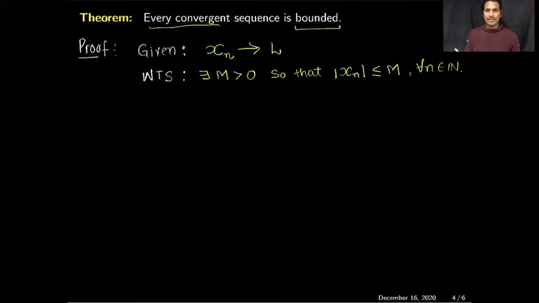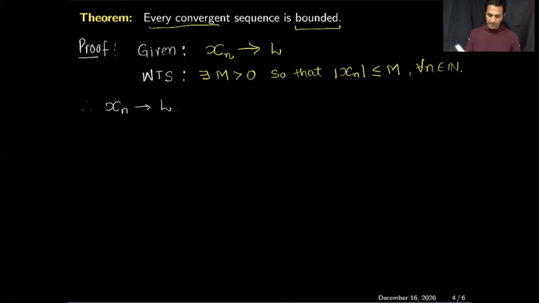Now I will write a series of logical statements starting from the given, and my goal is to reach what I want to show. So let's start. The first statement is xn converges to L. And what does this mean mathematically?